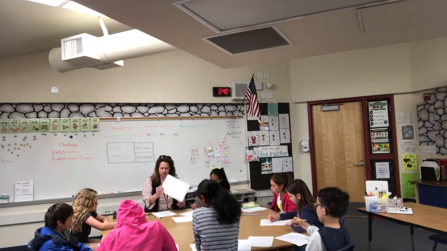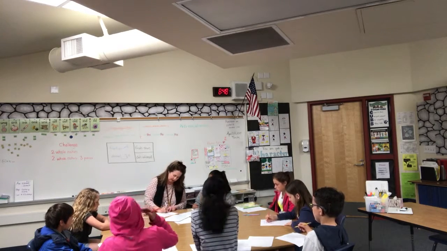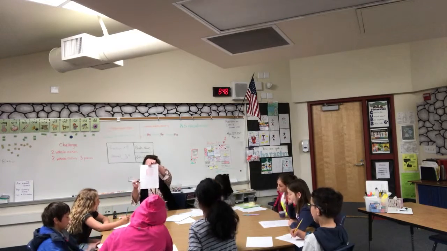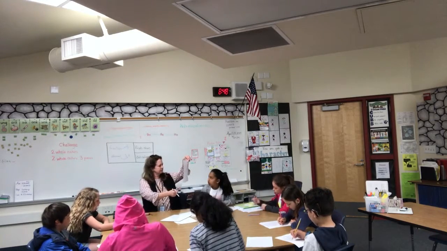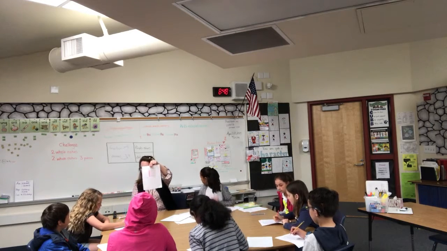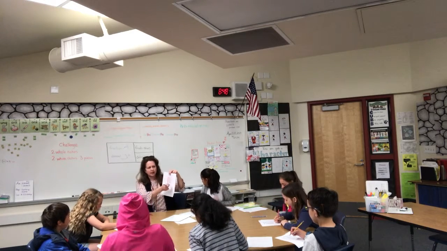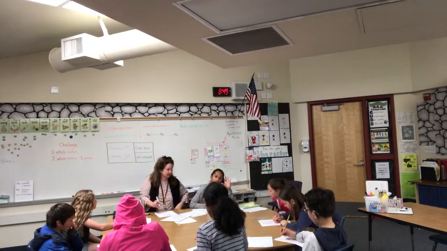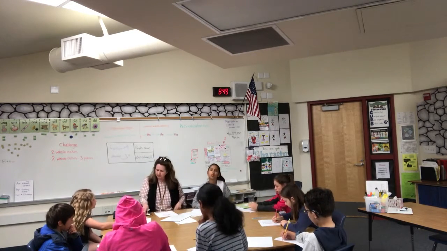You see how it says fraction right here? You're going to write 1/10. Did we color a whole cake? No. We just did one slice. 1 out of 10. Good job, Summer. Yes, indeed it was.